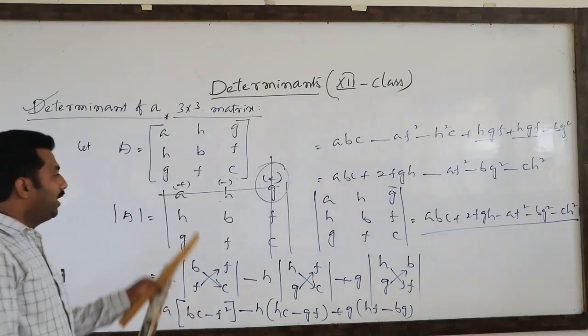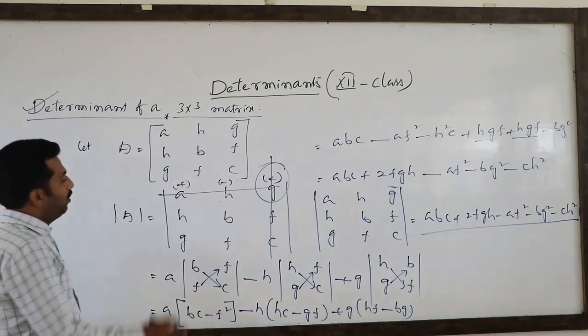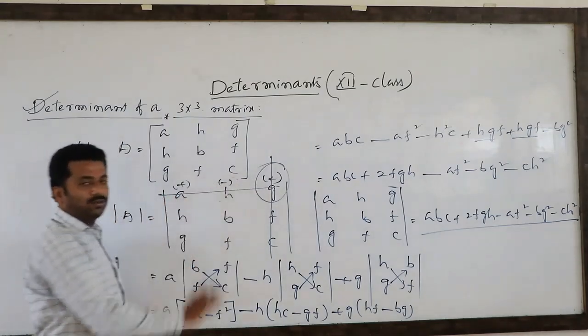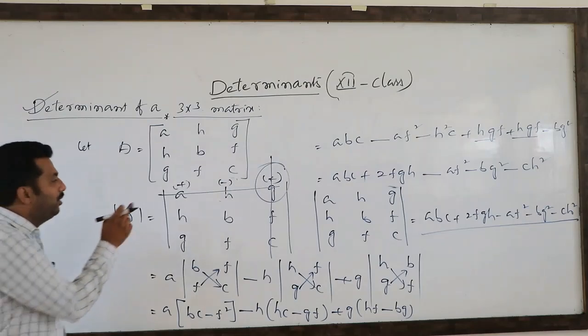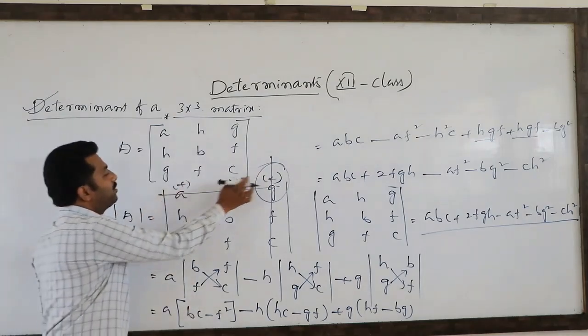So like this we have to expand. Now you can understand what we are choosing. The row means first row, we are taking the signs only: plus, minus, plus for the first row.